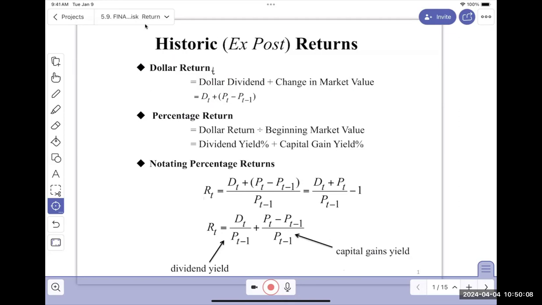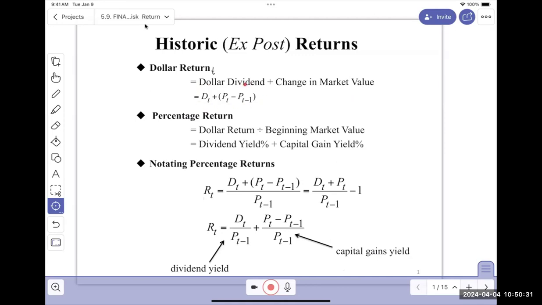And the same thing for holding stock that you don't necessarily sell, but the potential is there. So that goes into your valuation, your dollar return. So to calculate the change in market value, you look at the price today and you subtract off the original price, or the price last period. Okay, so this is what you earn holding a security.